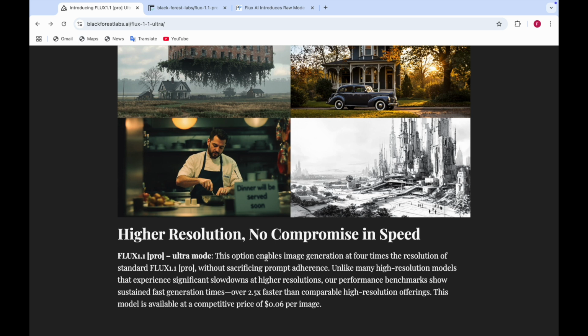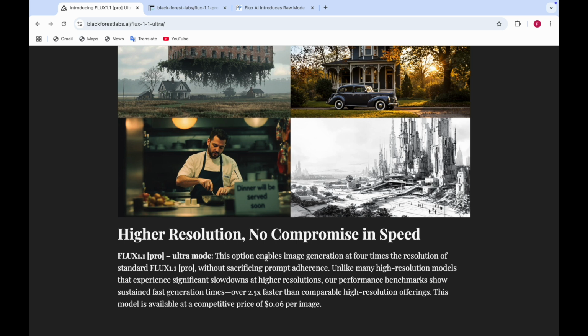So what is prompt adherence? Prompt adherence means that whatever you write in the prompt, the image generation model will stick to it and make the image according to it. If you say there's a black cat sitting above the clouds in the sky, it will do exactly that: generate an image of a black cat sitting on a cloud in the sky.